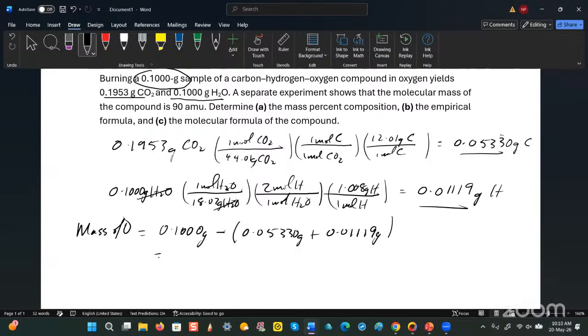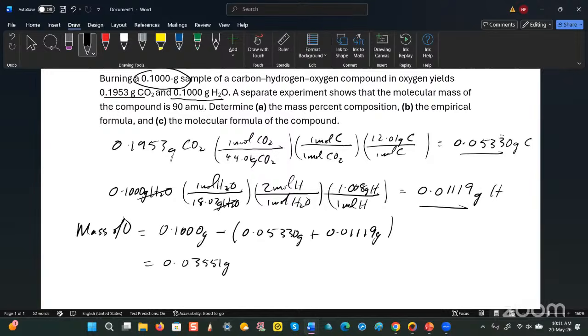So 0.1000 minus the sum of 0.05330 plus 0.01119, and according to my calculations, I got 0.03551 grams, all right?